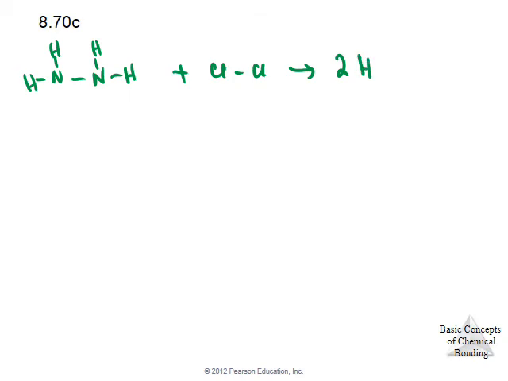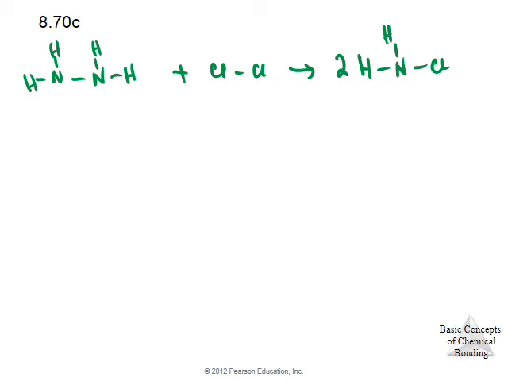Let me now go over 8.70C. The question that I'm going to first write down is NH2, H2, and then there is another NH2 group, plus Cl2, that gives 2 molecules of H and H bond and then Cl bond.